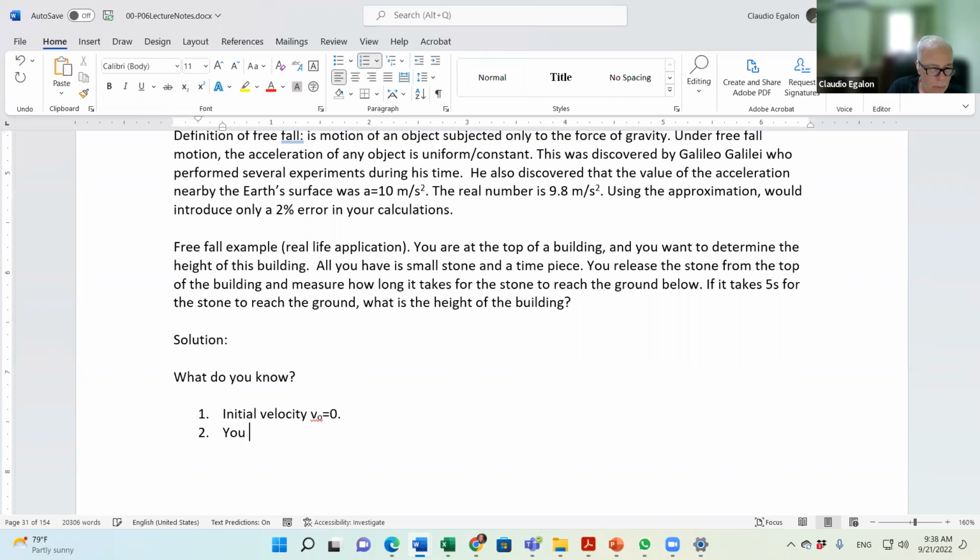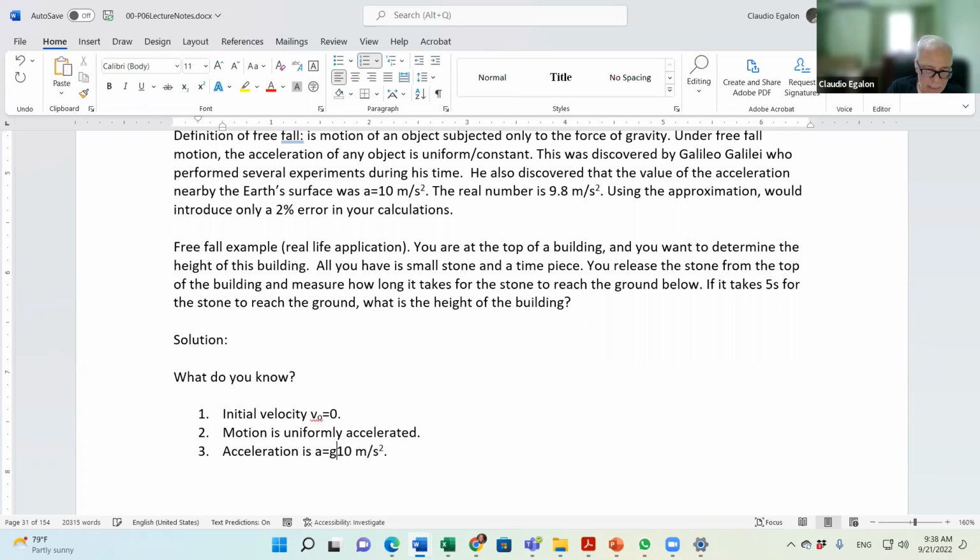Two, you know the motion is uniformly accelerated. You know that the acceleration is approximately 10 meters per second square.